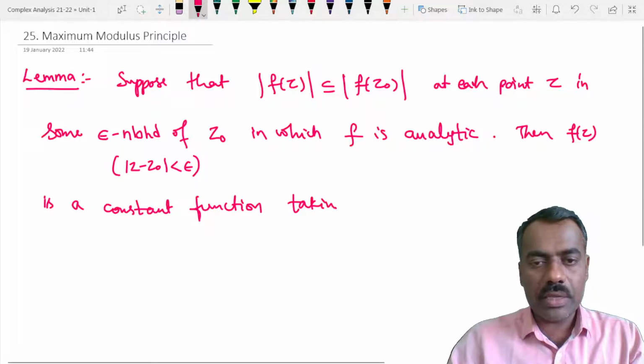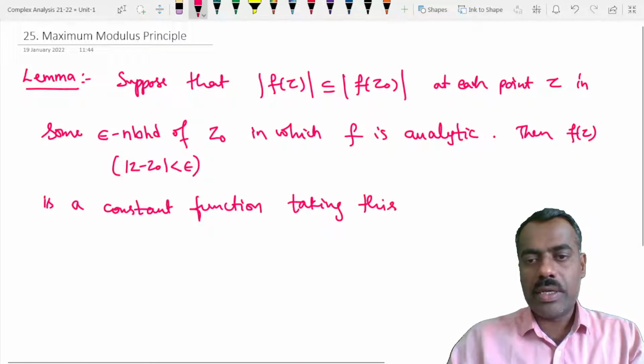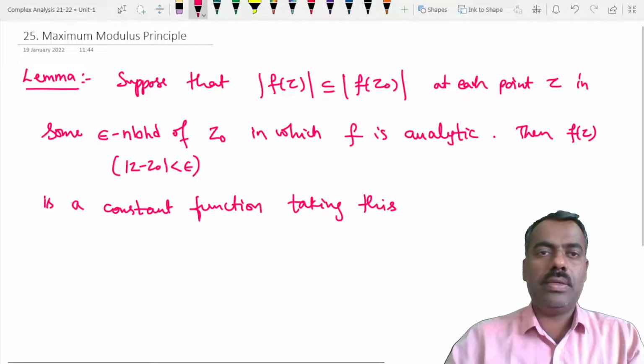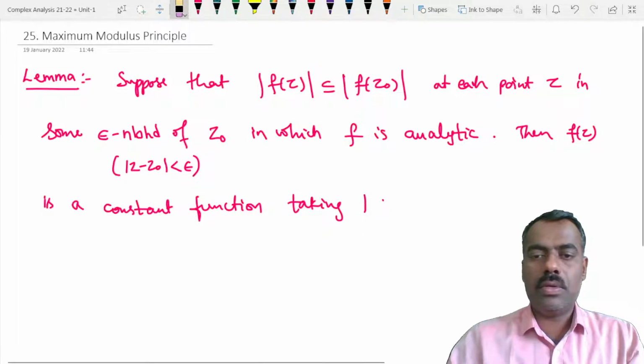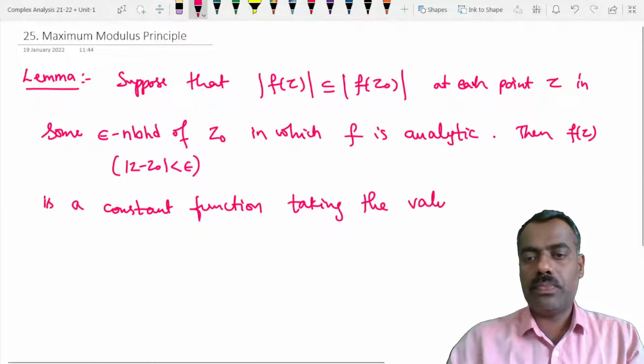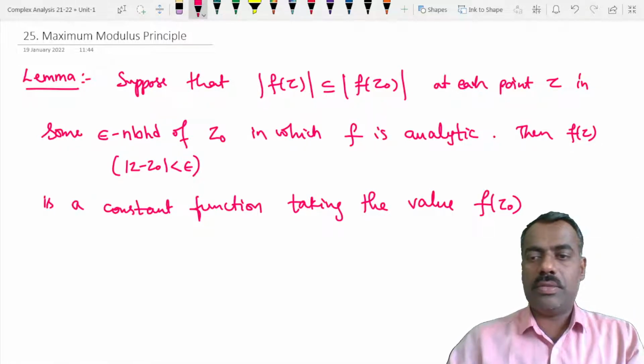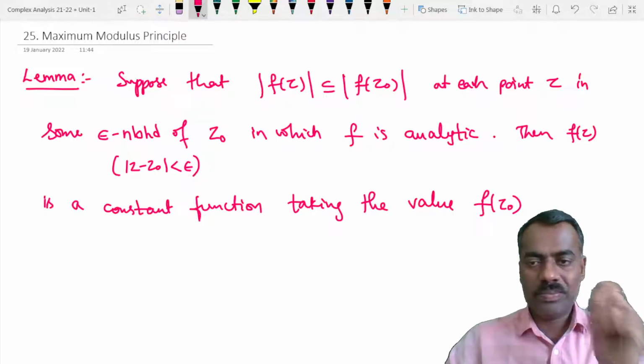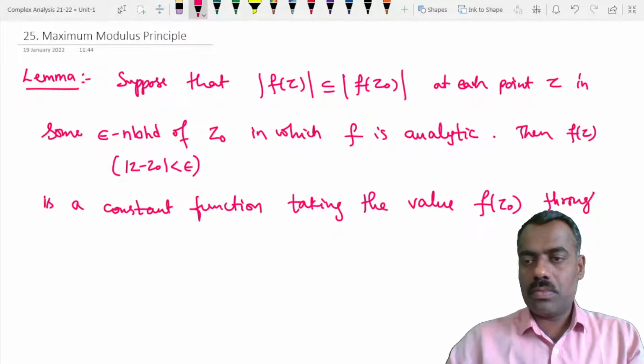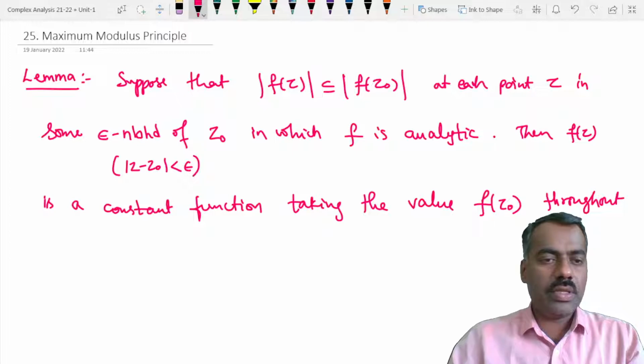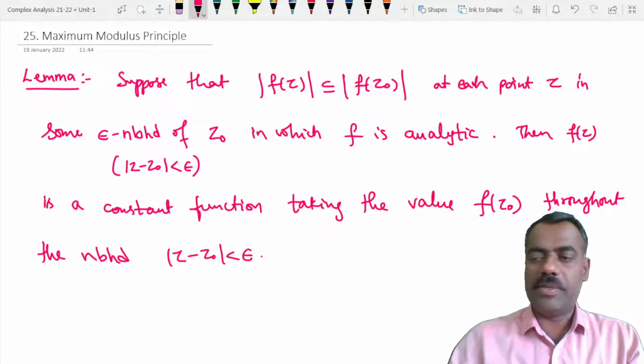You can say it takes the value f of z naught throughout the neighborhood mod z minus z naught is less than epsilon.